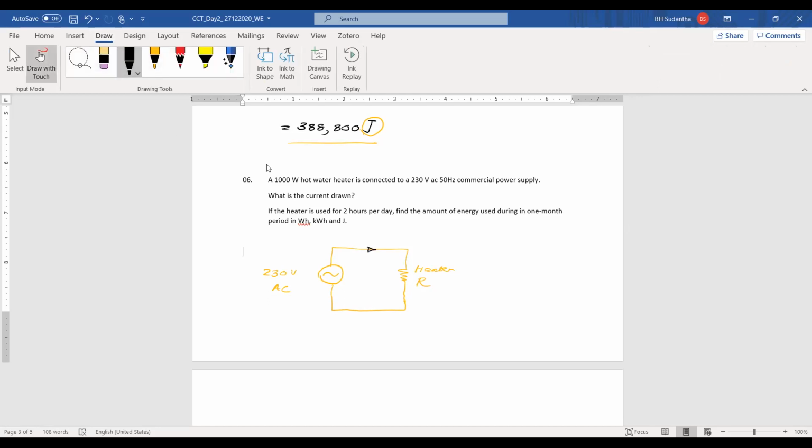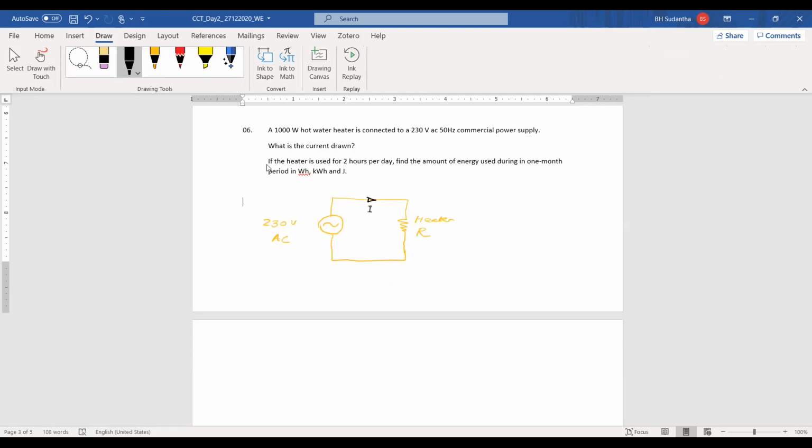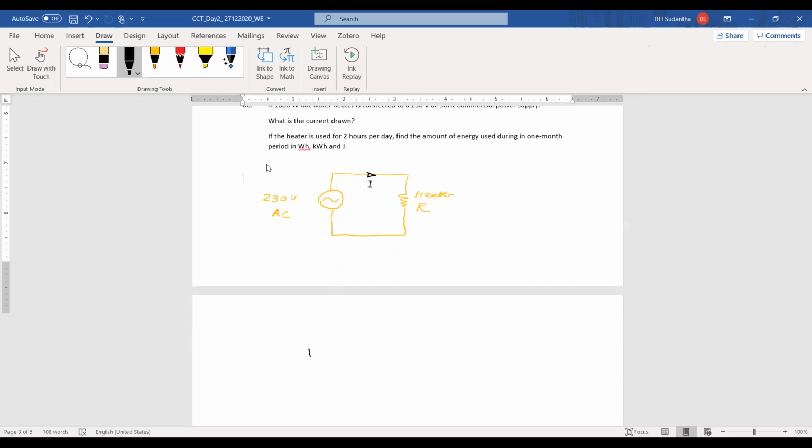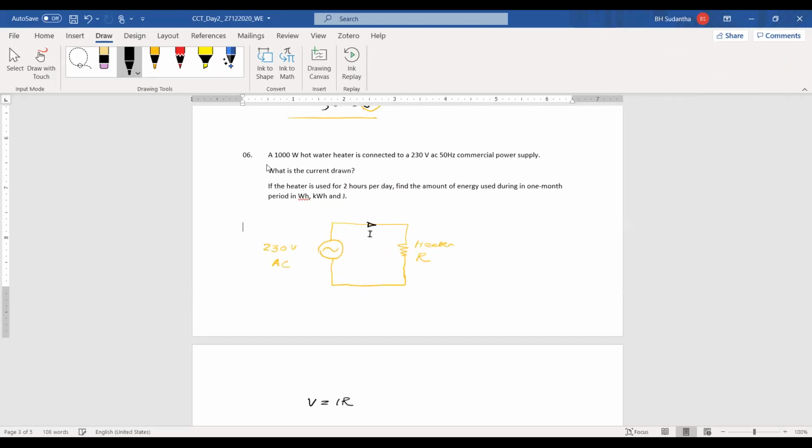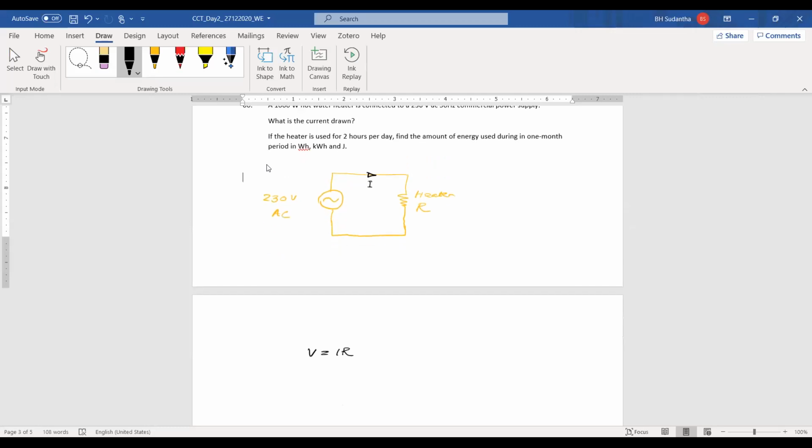We have to find the current. Then the heater wattage is 1000 watt. Okay.